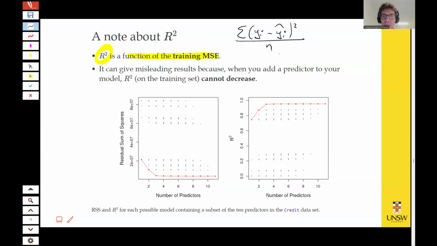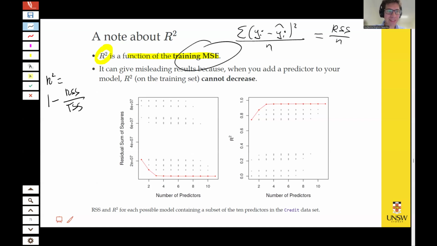But you see that this is the RSS, the residual sum of squares, the top, divided by n. And R squared is conceptually very similar. It's a function of the RSS. Recall that R squared was simply defined as 1 minus RSS divided by TSS, residual sum of squares divided by the total sum of squares. So they're essentially the same thing, the training MSE and the R squared.